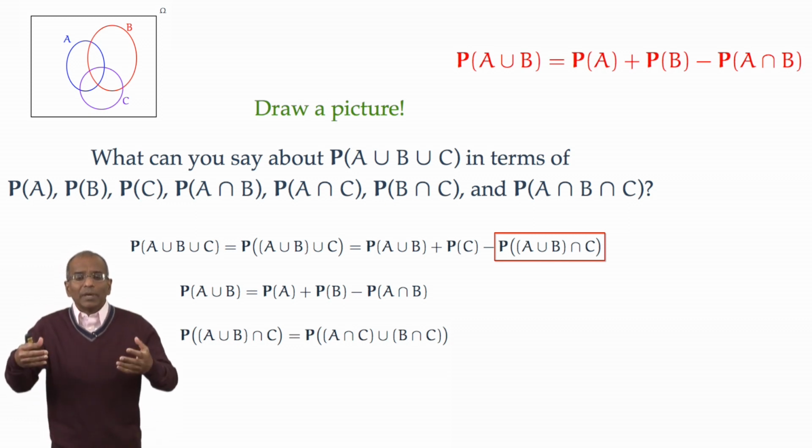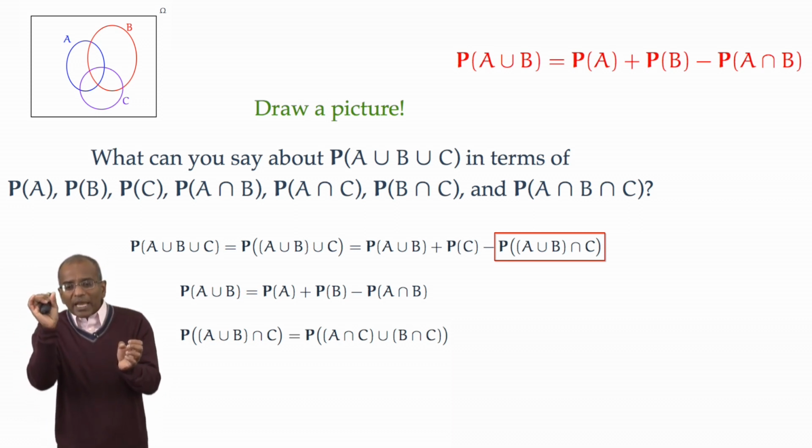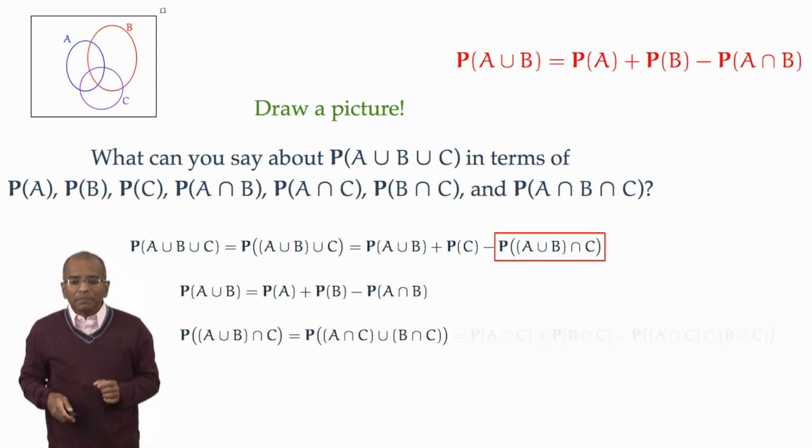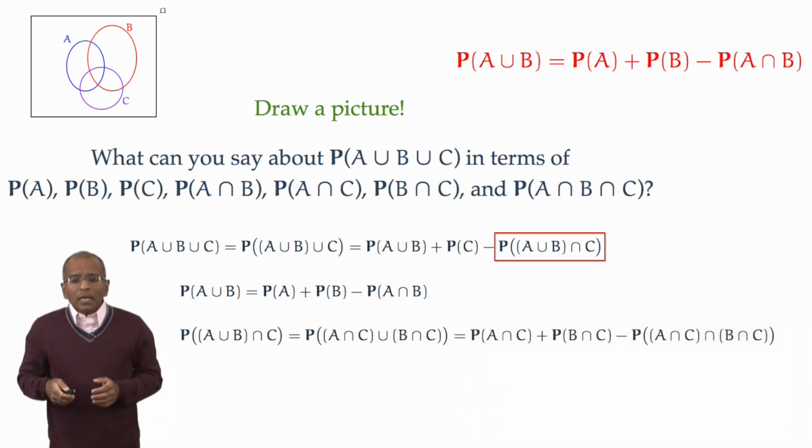Well, it's all right now again for another application of the basic inclusion-exclusion formula, with now A intersection C taking the place of A and B intersection C taking the place of B. We write the formula down.